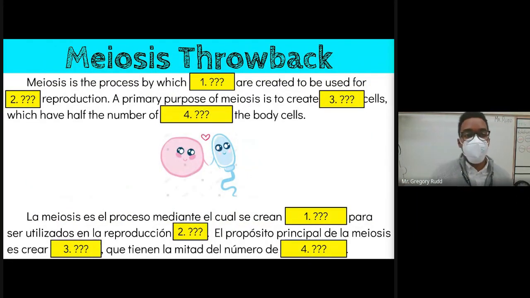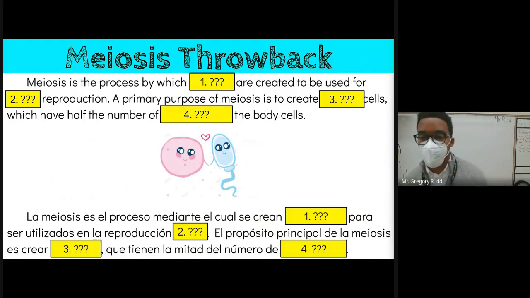All right, let's see if we can get some of these missing or blacked out words figured out. So it says meiosis is the process by which blank are created. What does meiosis create? Does anybody remember? I love that I can see and hear Ardesia flipping her notebook back.